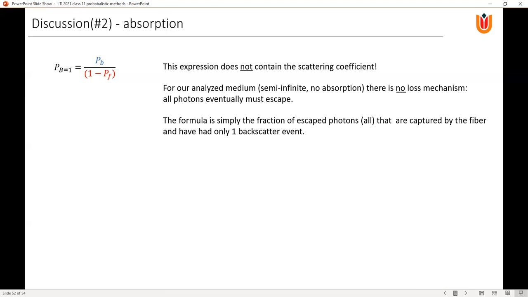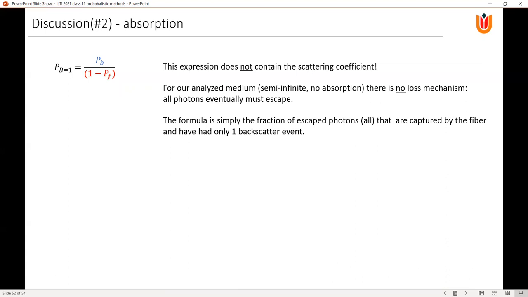Formally, the right hand side of this equation should be 1, because if the only mechanism for photons to escape is to be re-emitted, to be reflected, then each of them should be detected.